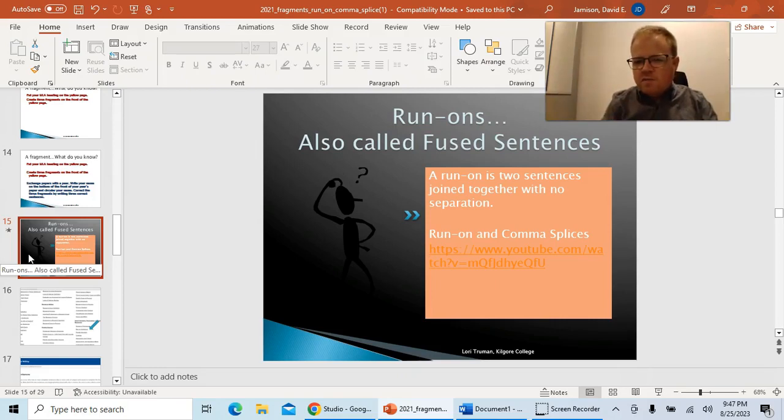That would be a run-on or a fused sentence, because I didn't punctuate I went to the store correctly. I went to the store is a complete sentence. I bought bread is a complete sentence. But if I just put those together without any punctuation in between, that would be a run-on. Now, if I connected them with a comma and no other words added in, that would be a comma splice, which is basically the same thing.